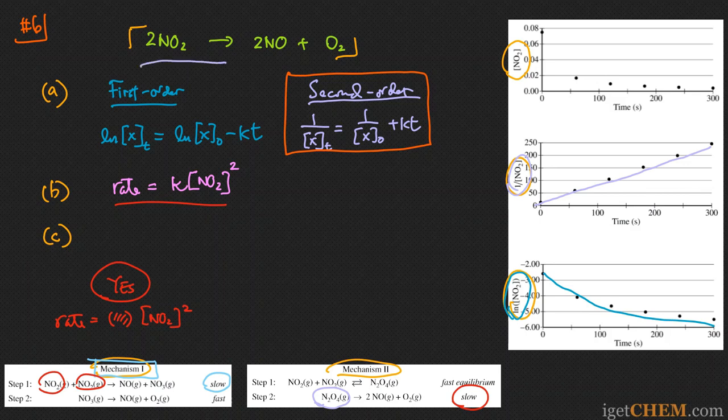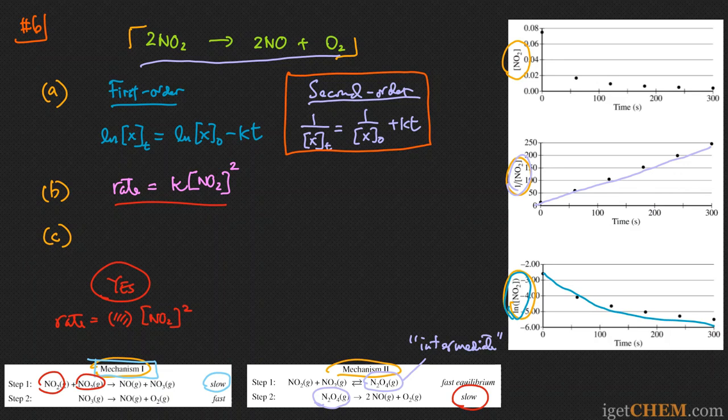So you see in the overall reaction, there is no N2O4. But N2O4 is created by the first step in mechanism 2, and then in the second step is used up again. So in those cases, this N2O4 is called an intermediate of the reaction.